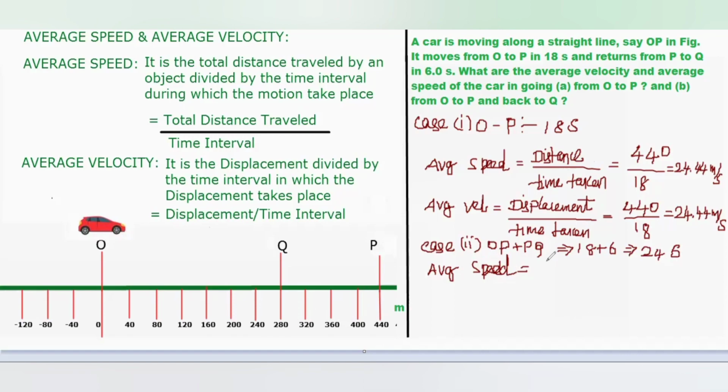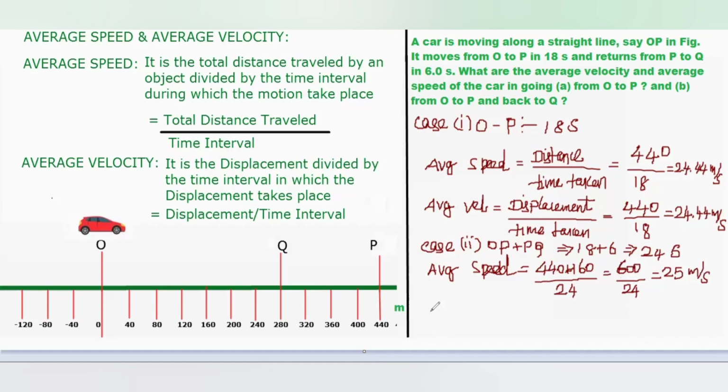So 440 plus 160 is equal to 600 meters, as we discussed in the previous topic. The time taken is 24 seconds. So 600 meters divided by 24 seconds, if you divide, we will get 25 meters per second. That is the average speed.